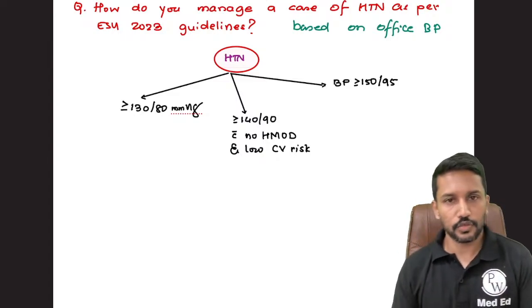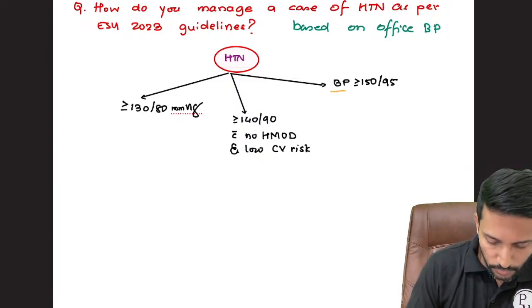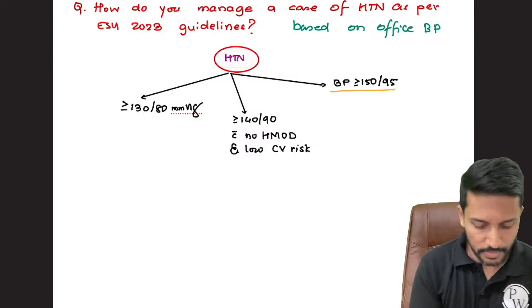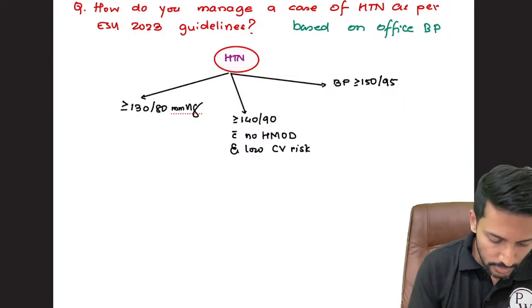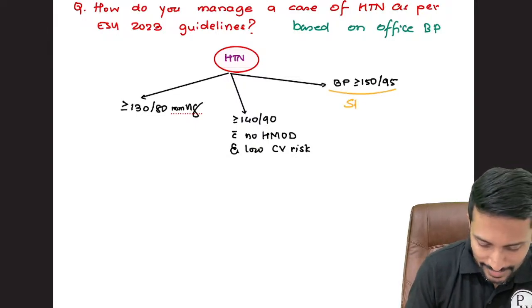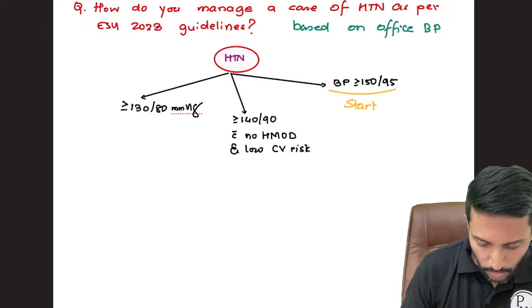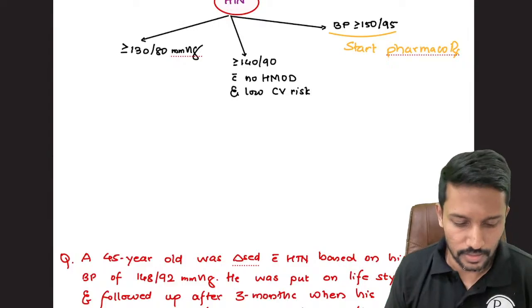So the first one is when your BP is more than or equal to 150 systolic, or more than or equal to 95 diastolic. We need to immediately start the pharmacotherapy. So these patients need to start on medications. What drugs to start, I will discuss later.